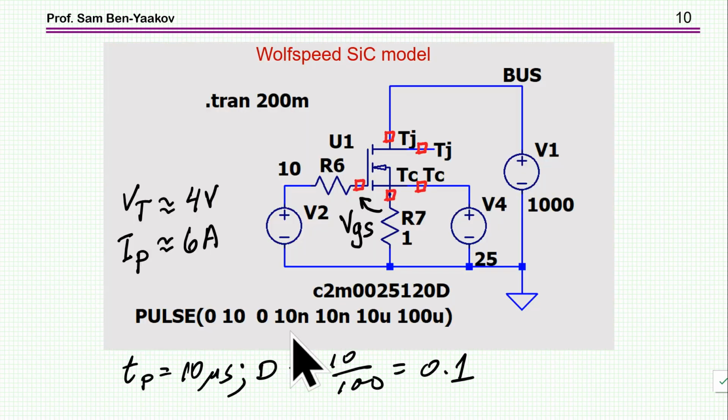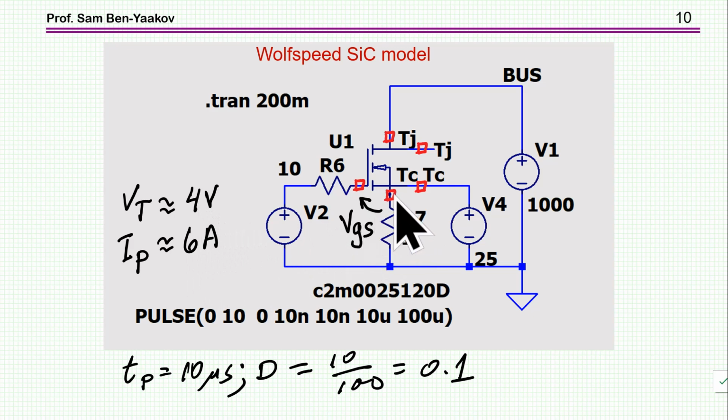Now, in order to examine the linear operational mode, I've set up this circuit to be a current source. And this is done by having this resistor here. Now, if I have an input pulse, say of 10 volt, and this transistor starts to conduct, it will lock at the threshold voltage between gate and source, and let's say that the threshold voltage is 4 volt.